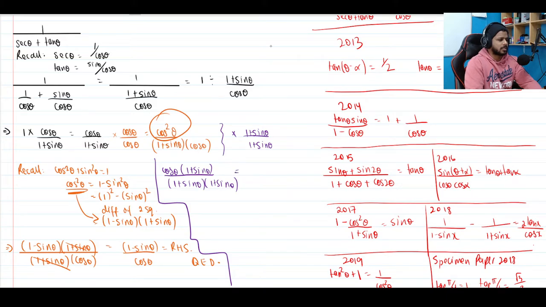The denominator now is 1 plus sine theta all squared. So this is equal to cosine theta into 1 plus sine theta over 1 plus sine theta all squared. I can expand the denominator if I want to. So let me do it now.